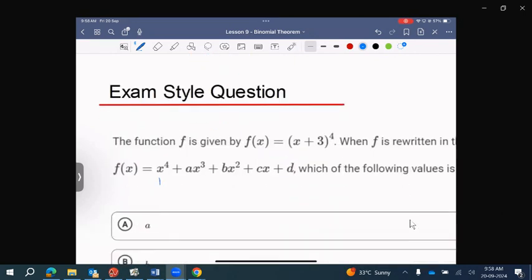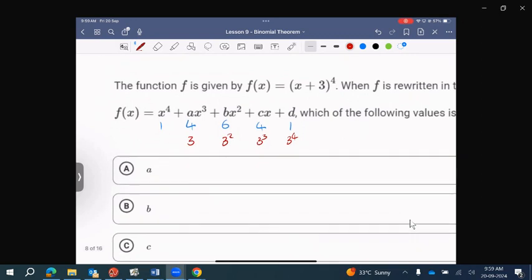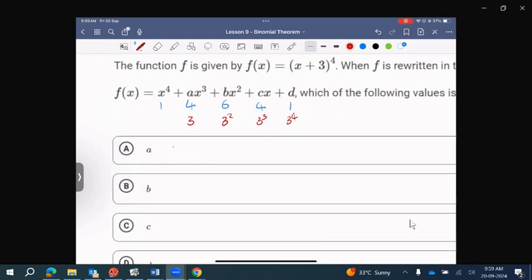So we've got 1, 4, 6, 4, 1. We're also going to add in these numbers here: 3 to the 1, 3 to the 2, 3 to the 3, 3 to the 4. Which of these products is going to be biggest? This one is definitely not it, is it? It's 12.